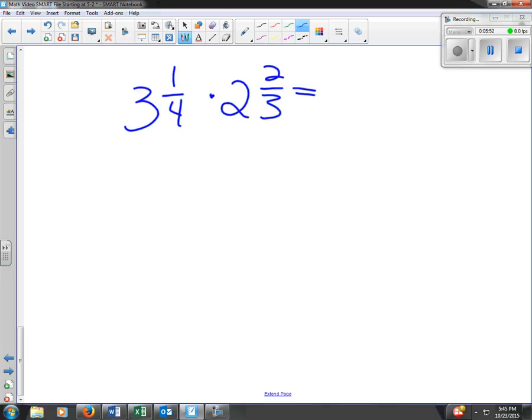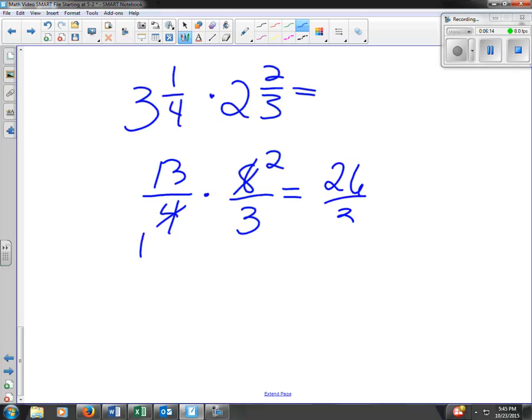So 12 plus 1 is 13 over 4 times 2 and 2/3, and you have to do this improper fraction, so 2 times 3 is 6, plus 2 is 8 over 3. Okay, you cancel things out, make your life easier. 13 times 2 is 26 over 3.